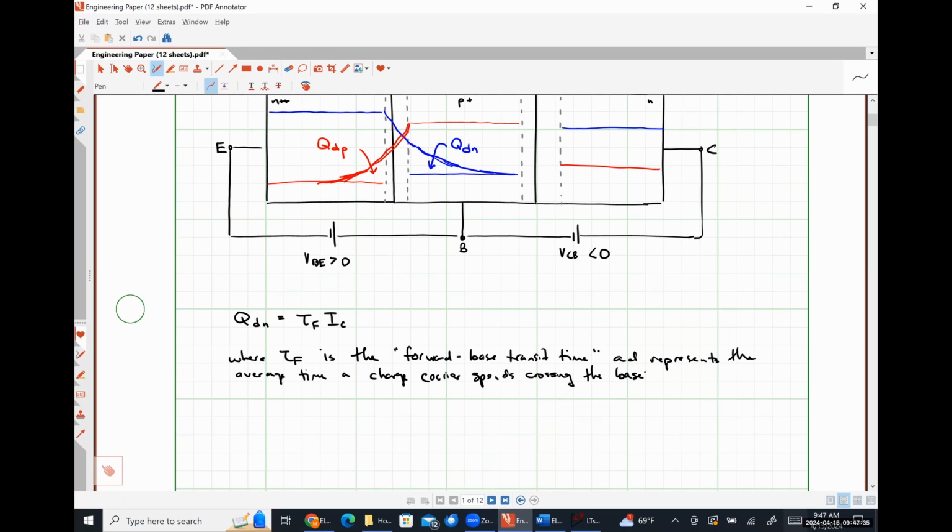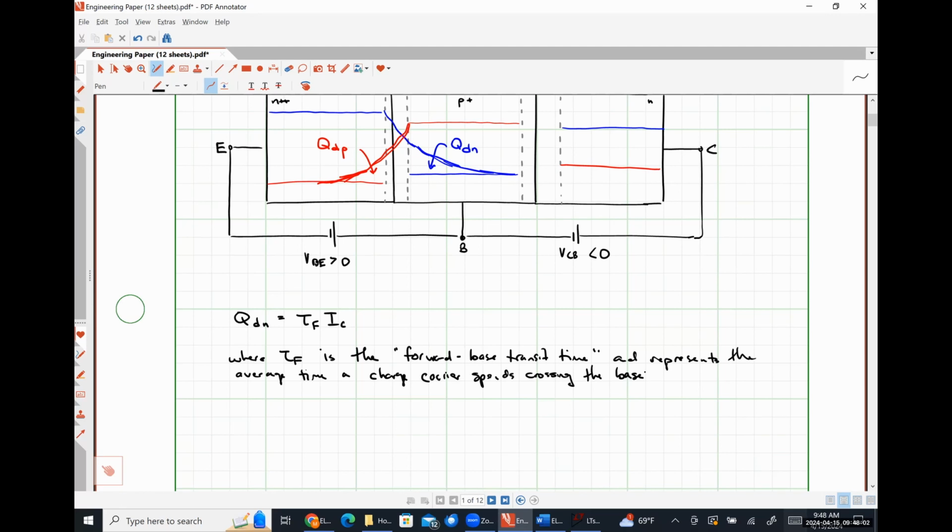crossing the base. So recall, again, that our base is very, very short, or very, very small in width, intentionally. We don't want a very wide base, because that will increase the probability of recombination to occur, which would mean that our base would have to supply more hole currents, and we just wouldn't have as efficient of a system.